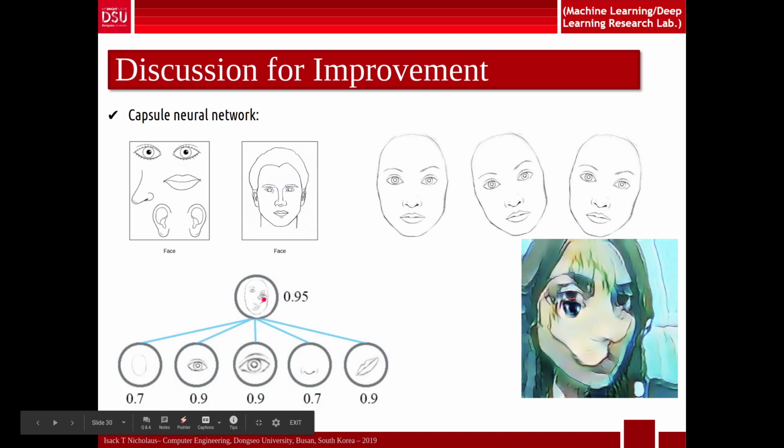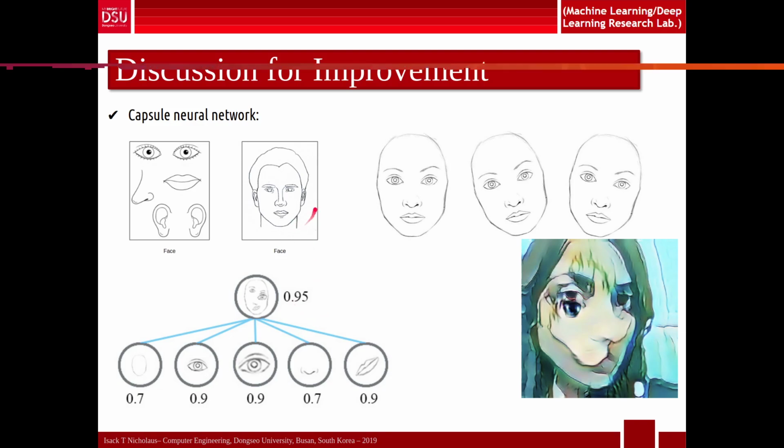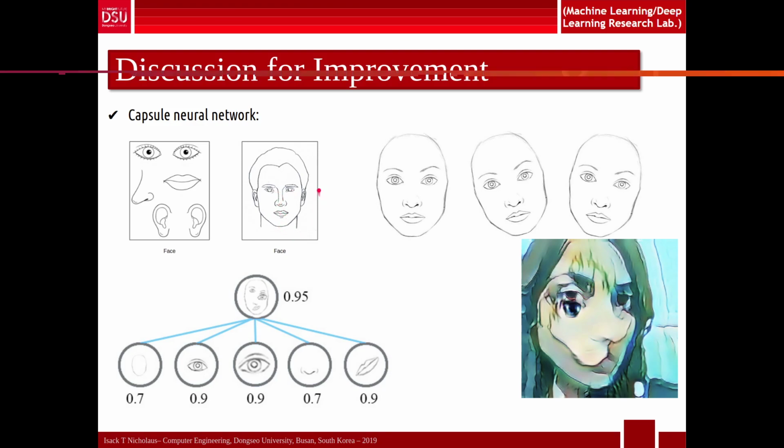But this is not arranged like a human face. This is the output of a CNN. A CNN can just predict and say with 95% confidence that this is a face. But a capsule network will have to find the exact match of a human and the position of each component in order to classify it as a human face or not.